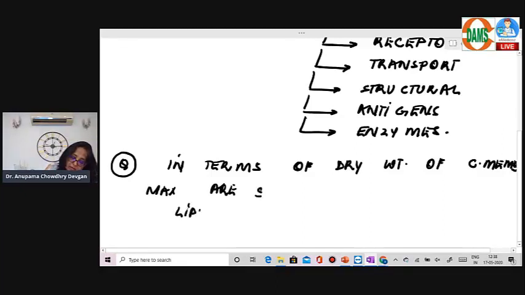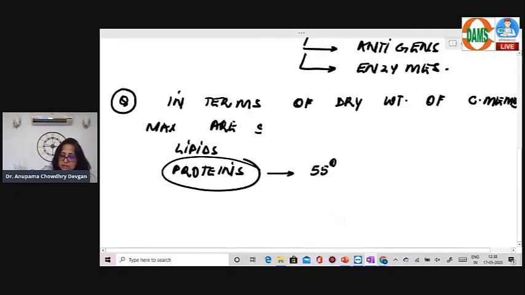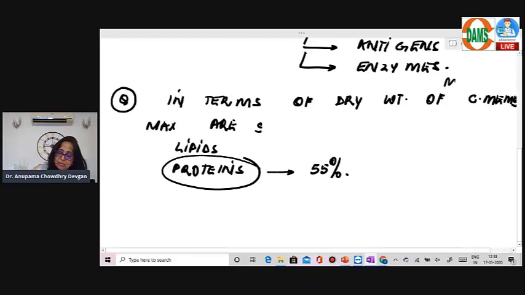Is it going to be lipids or is it going to be proteins? In terms of dry weight of the cell membrane, it is the proteins which are going to be more. Proteins constitute about 55% of the cell membrane. Right? So in terms of dry weight of most cell membranes, it's going to be proteins, which are about 55%.